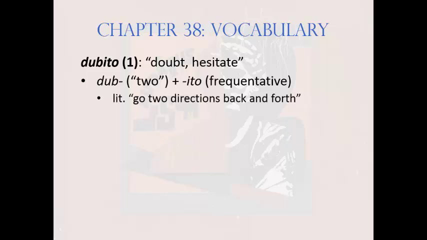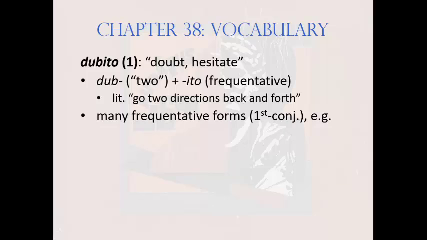So dubito means literally go in two directions back and forth. Is that not a perfect way to describe hesitation? I'll go that way. No, wait, I should go this way. But doesn't that way make more sense still? This way would be faster. Faster's better, right? No, right's righter. Let's do this right. Or left. Maybe I should just sit here for a while and dubitate.